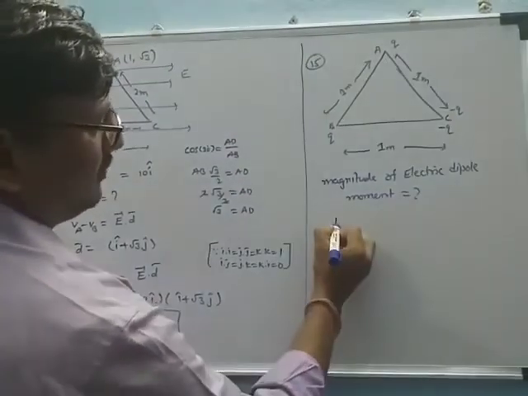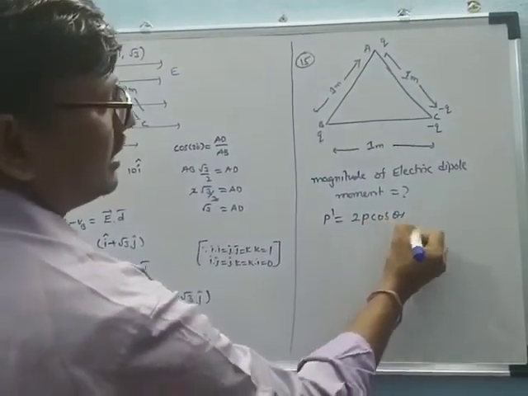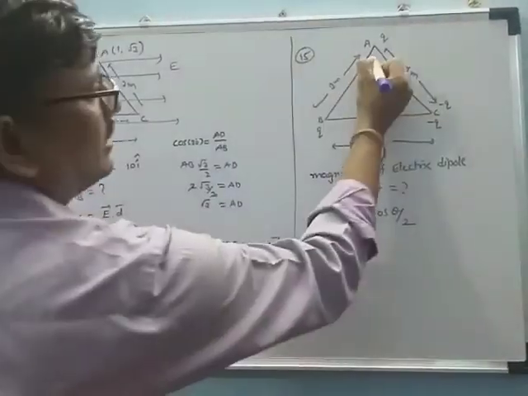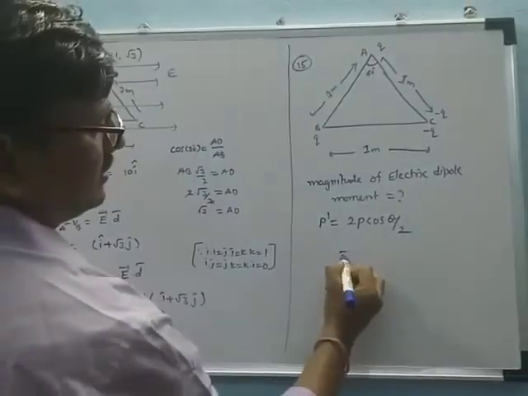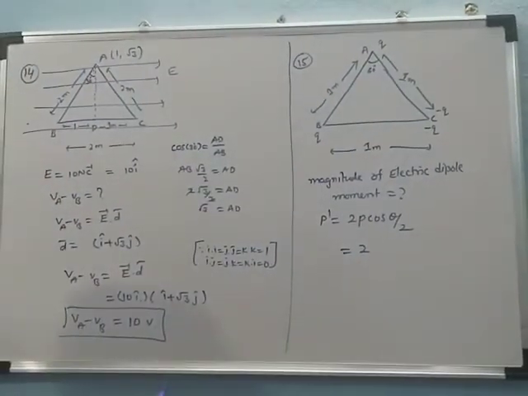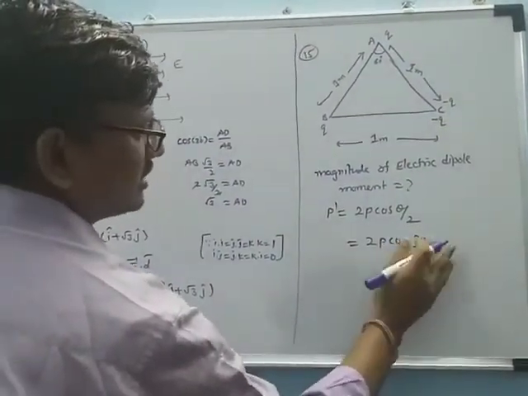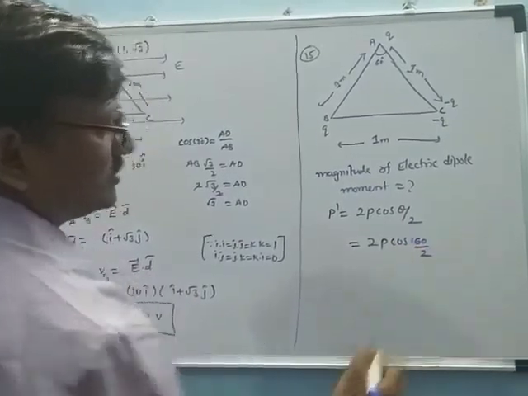The resultant electric dipole moment P dash is equal to 2p into cos theta by 2. Here the angle is 60 degrees, so 2p into cos of 60 by 2, which is 30 degrees.